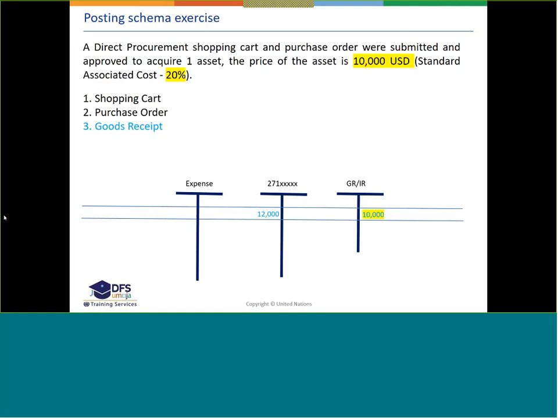Okay. And now the point that drives you crazy is this credit that goes to the expense account. So what is this expense account? It is the same as we were touching yesterday. Is this one for standard freight cost? Let me open the posting schema, one second, so you remember what the GL is.